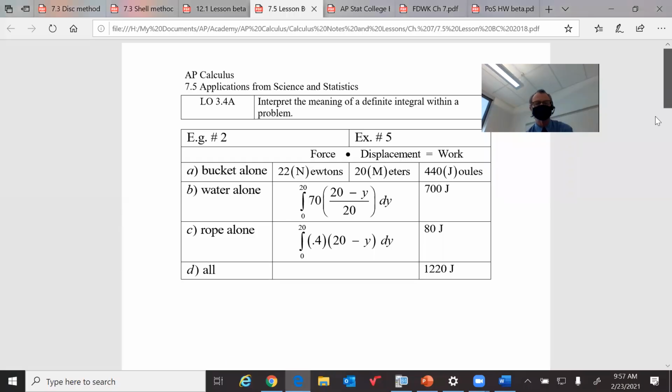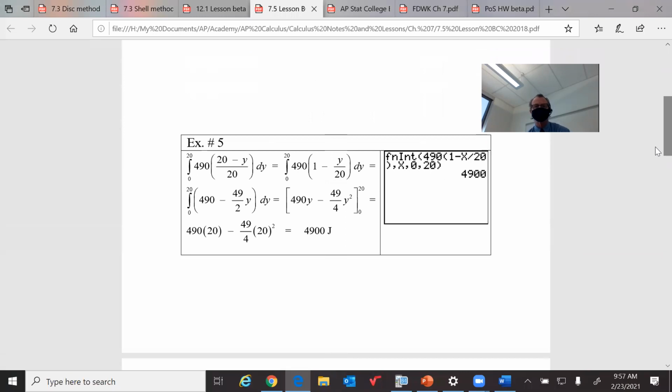All right, so problem 5. What do we got? From 0 to 20, 490 times what would the growth factor, which would make that 0 when you got to the top, which you can rewrite as this, which gives you 4,900.